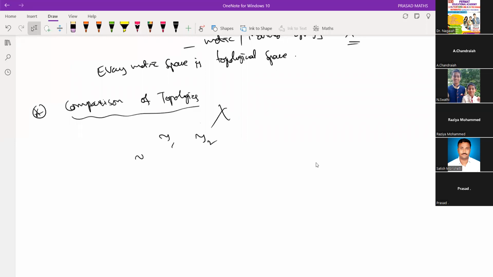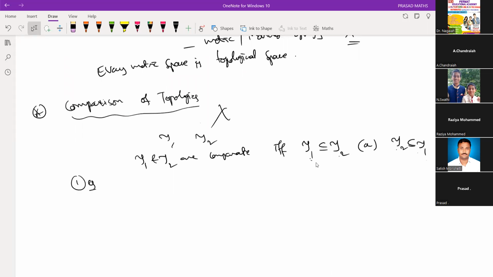Then tau1 and tau2 are comparable if and only if at least one of the topologies is inside the other. Tau1 is contained in tau2, or tau2 is contained in tau1. Tau1 is weaker than tau2, or tau2 is weaker than tau1. If at least one of them happens, one can say tau1 and tau2 are comparable.